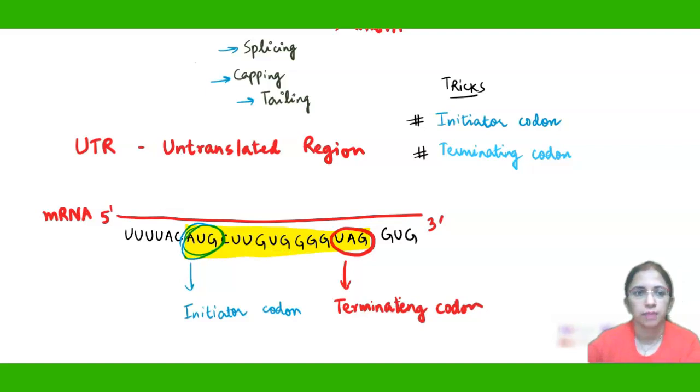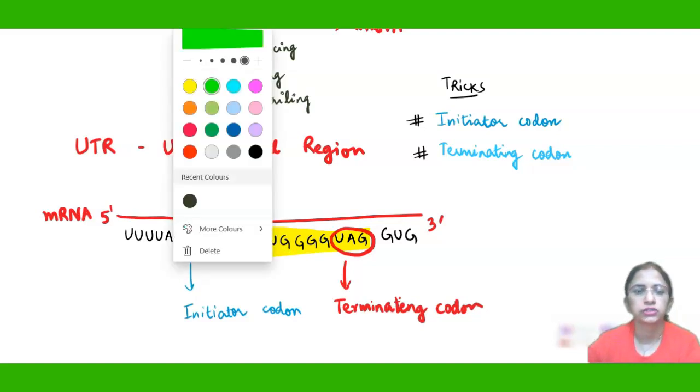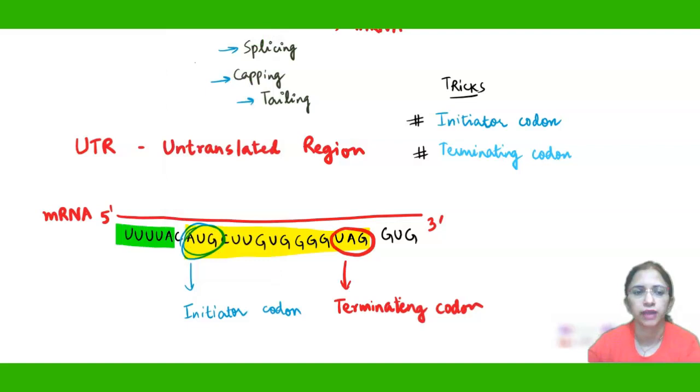But the regions just prior to it, which are colored green, are the ones that will not undergo translation. So there are two UTRs in the given sequence. This is also your UTR, untranslated region, because there is no initiator codon seen for it, and this is also the UTR.